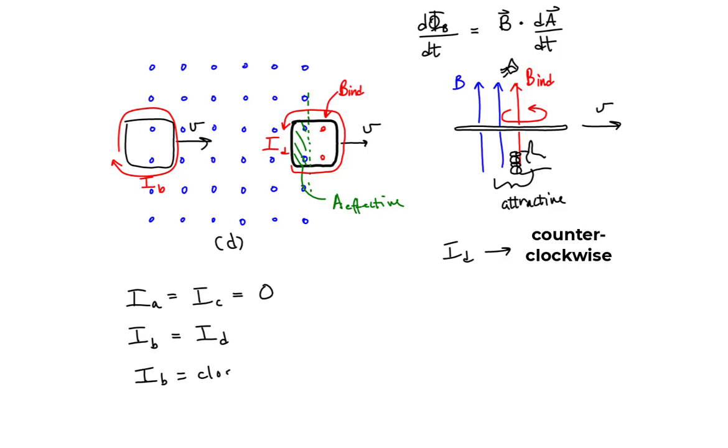So let's go ahead and summarize that. Induced current was clockwise for part B. For part D, the induced current is counterclockwise. And that was in order to prevent the magnetic flux from changing in each of those scenarios.